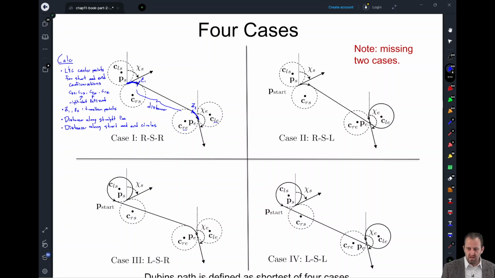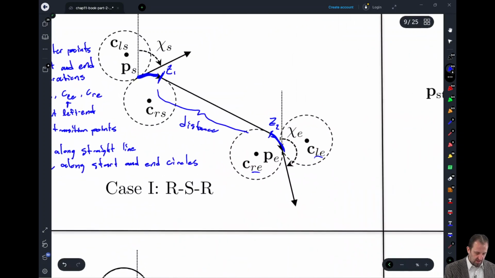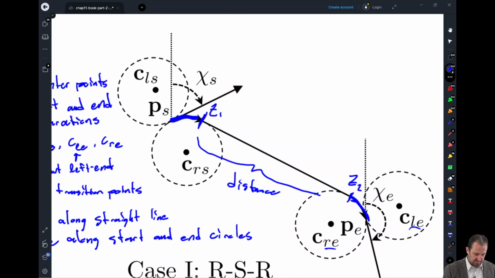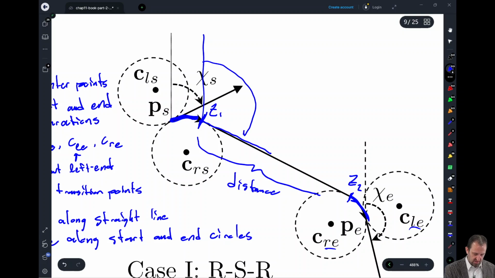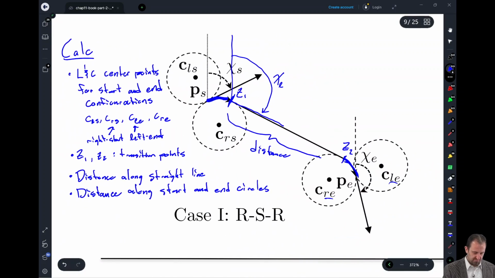Oh, another thing that I almost forgot is that we're going to have to calculate the orientation of this line. So we need to calculate the orientation of the line.